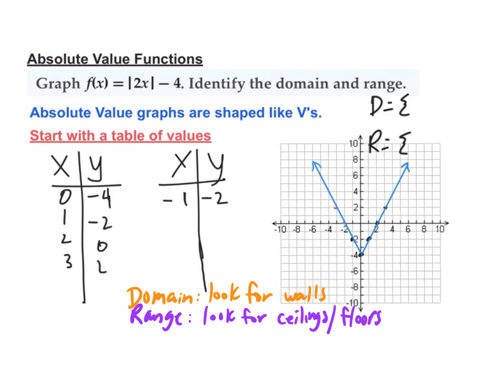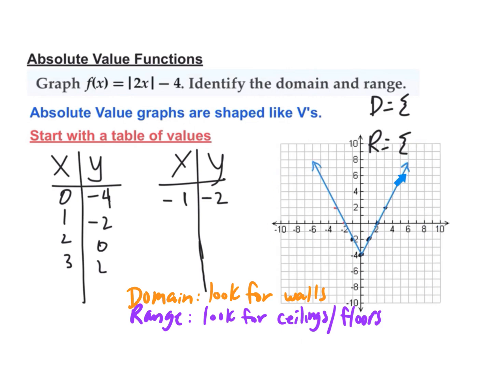We're looking for naturally occurring walls or naturally occurring ceilings and floors on our graph. Just to be clear, the reason it's a wall, because walls are vertical, right? Vertical walls. So we could have a wall here, we could have a wall here, that kind of thing. And it hits the x-axis, so the x values.